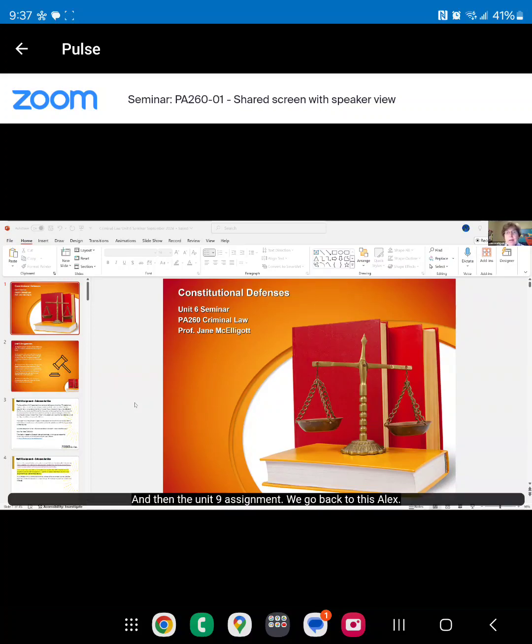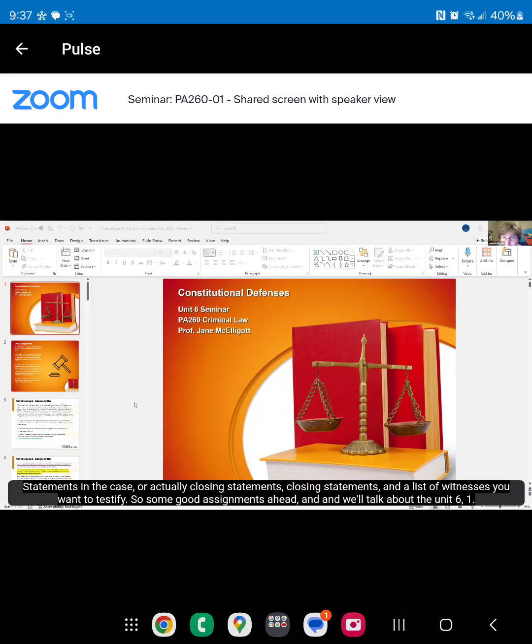And then the Unit 9 assignment, we go back to this Alex scenario, and you come up with some opening statements in the case, or actually closing statements, and a list of witnesses you want to testify. So some good assignments ahead, not too bad, and we'll talk about the Unit 6 one.